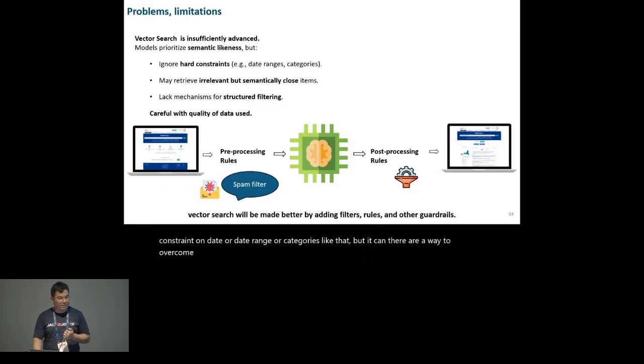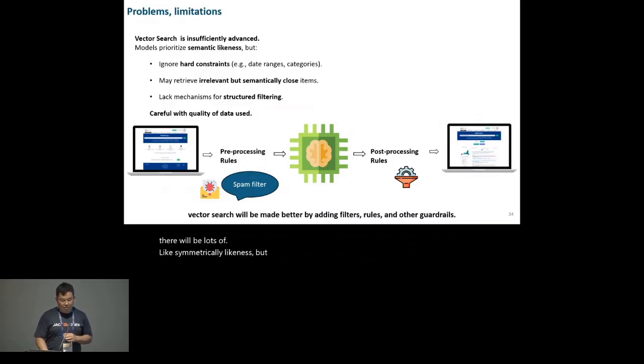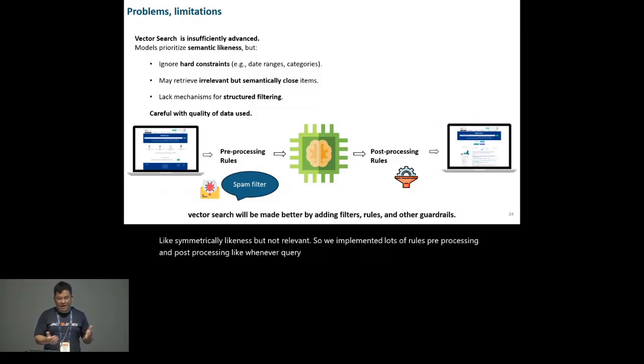And also, if the quality of the data used to index the articles is not good, there will be lots of semantic likeness, but not relevance. So we implemented lots of rules, pre-processing and post-processing. Whenever a query is entered, we check whether it is spam or other non-relevant queries people might enter. So we filter those. And again in post-processing rules, we check whether those results are really relevant or not.